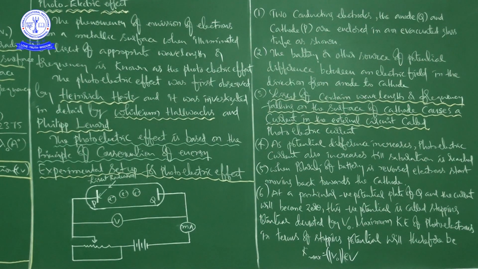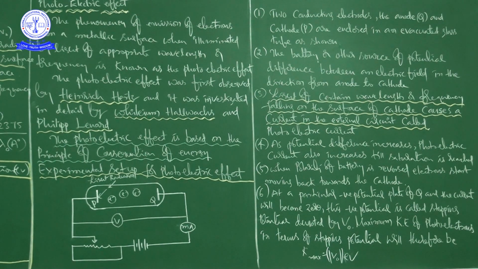Next, fourth one. As potential difference increases, photoelectric current also increases till saturation is reached. I will repeat once again. As potential difference increases, photoelectric current also increases till saturation is reached.